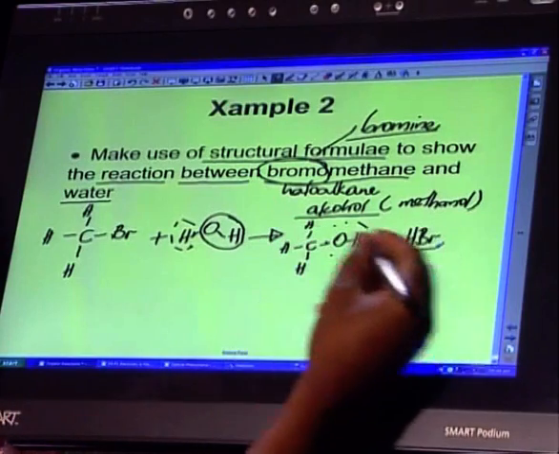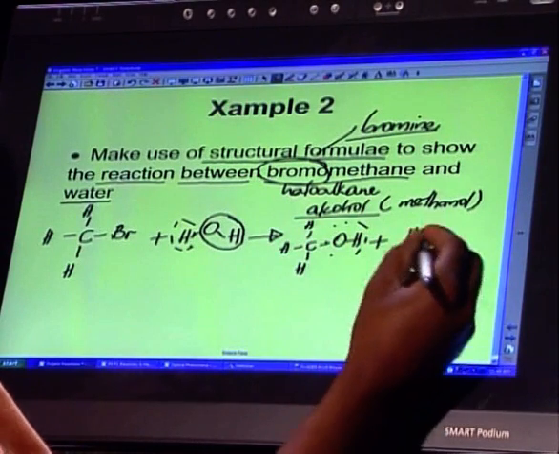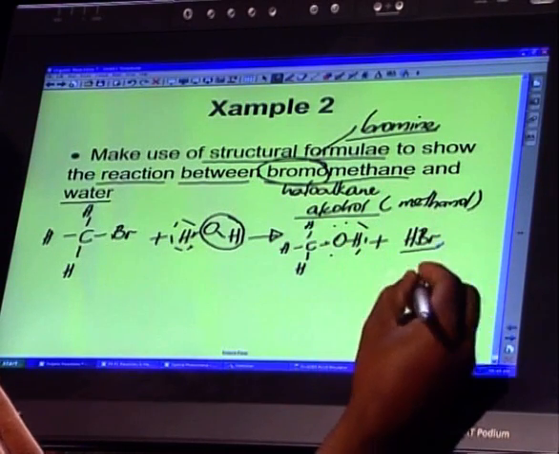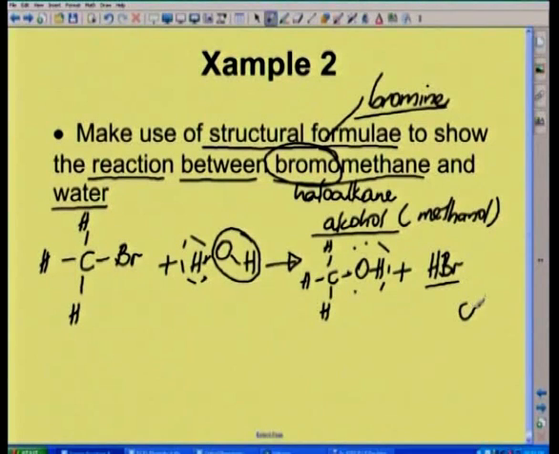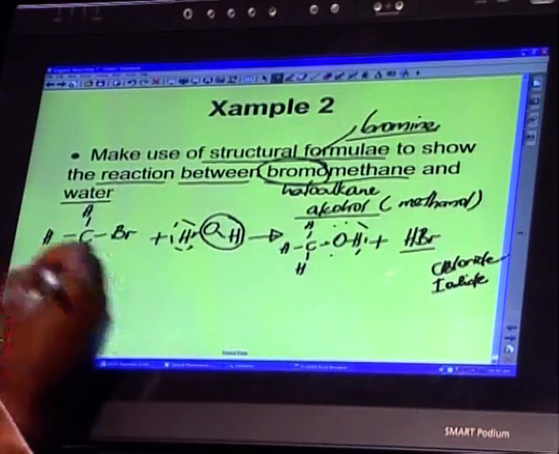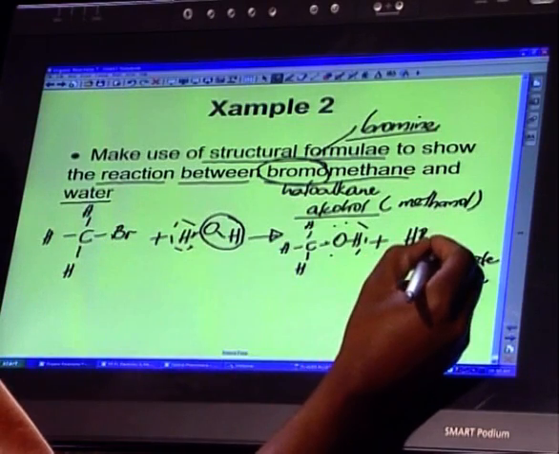Hydrogen halide, I'm giving it in general because this halide part here could be chlorine, chloride, or iodine, so it could be iodide. If this was chloromethane, this was going to be hydrogen chloride.